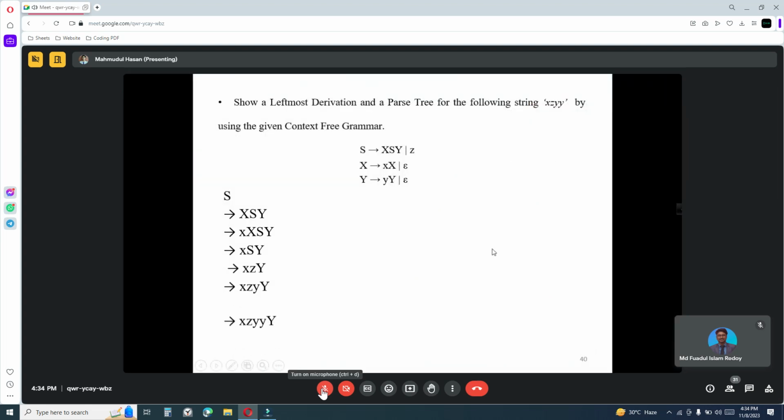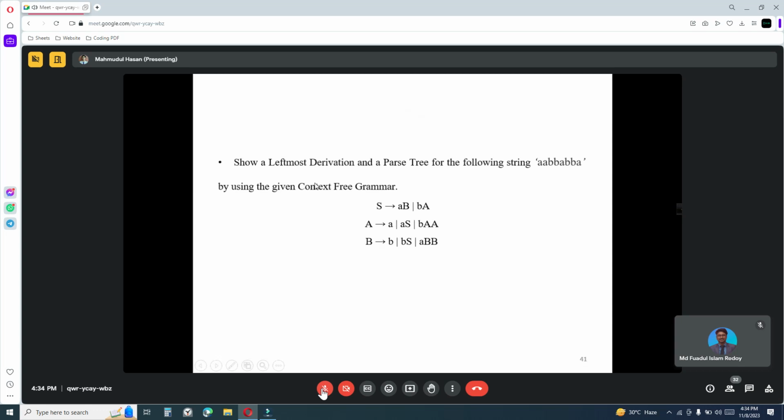Okay, so parts is clear, the concept of parts is clear, everyone? Yes, sir. Any confusion? No. So this one is your homework again. Oh, this was homework already, right? This one is ambiguous. So it is possible to get more than one left derivation.